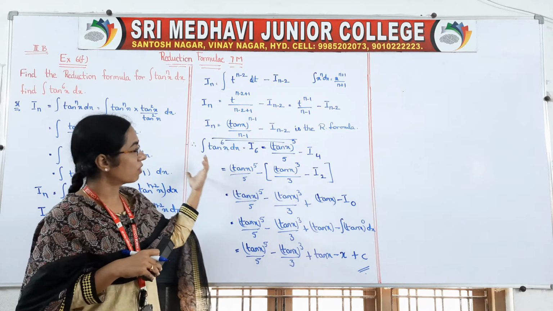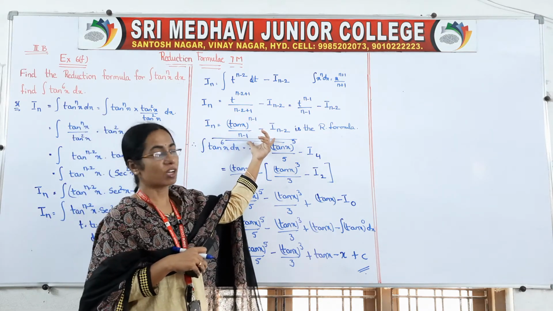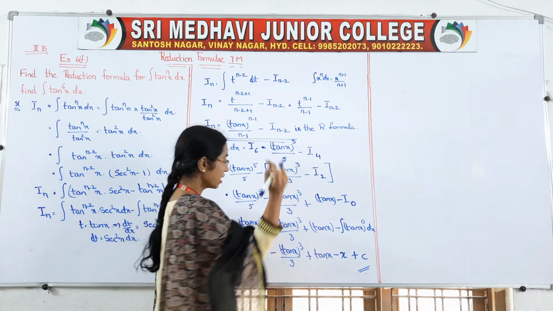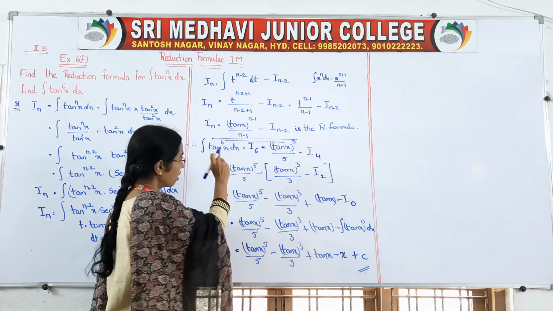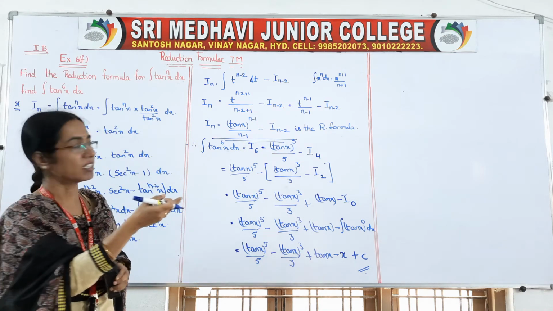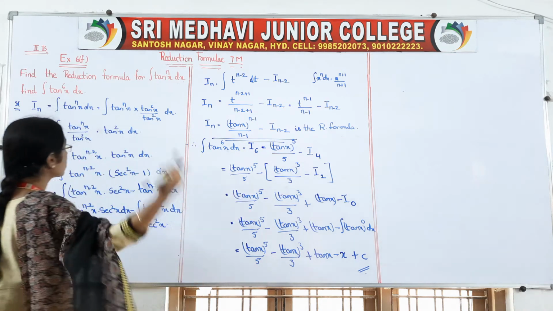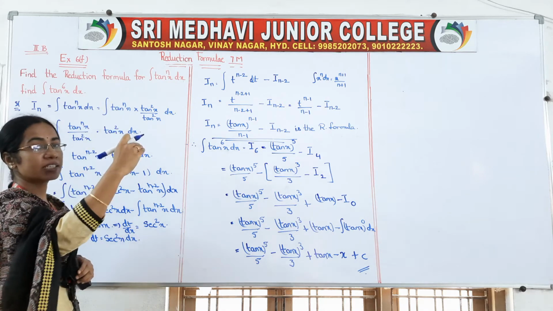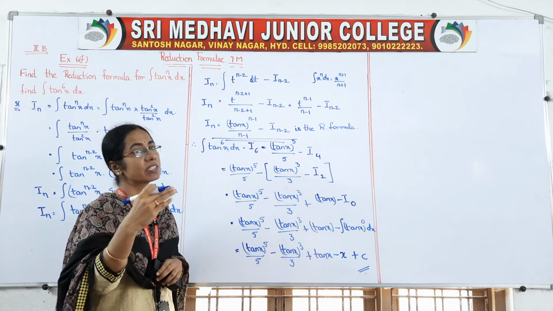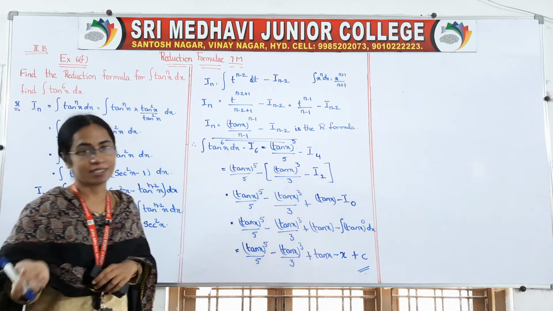See, actually once we got the reduction formula, again and again we are using the same reduction formula. Here first we substituted: we want I6, it asks for tan to the power of 6x. That's why I_n is equal to integral of tan to the power of nx; if the power is 6, we have to find I6.